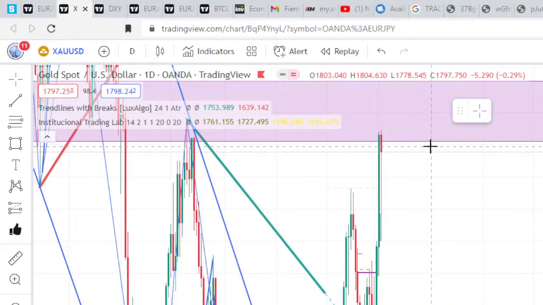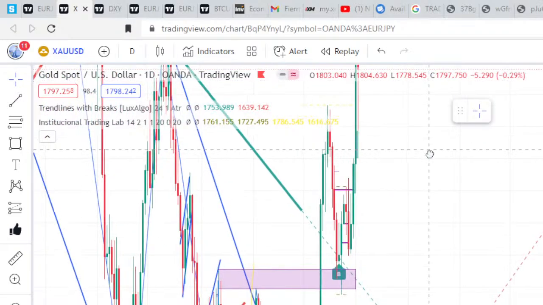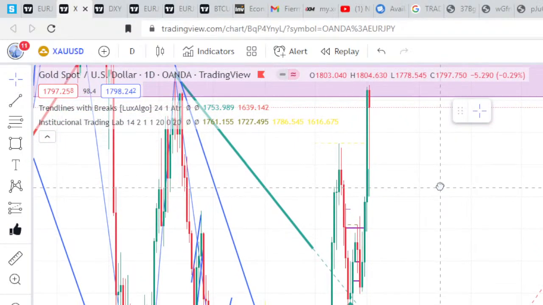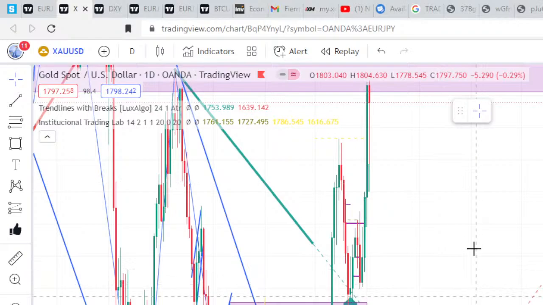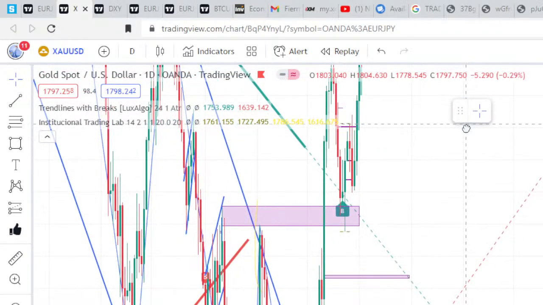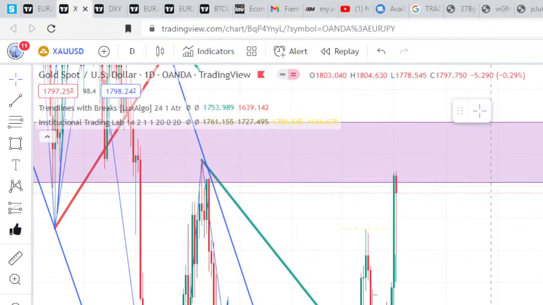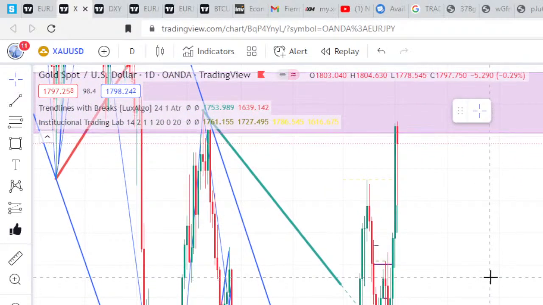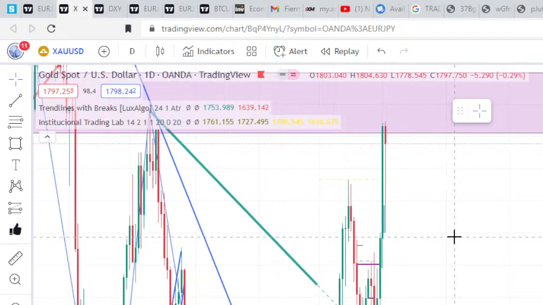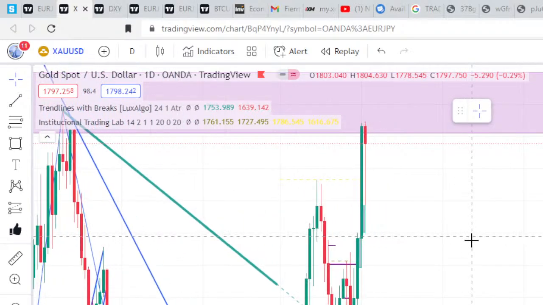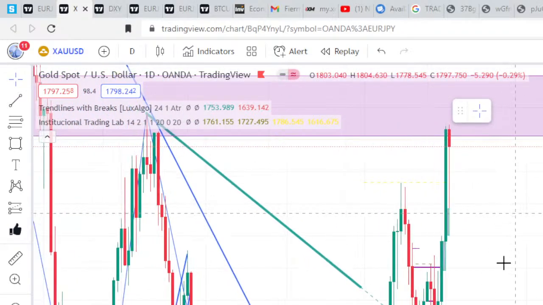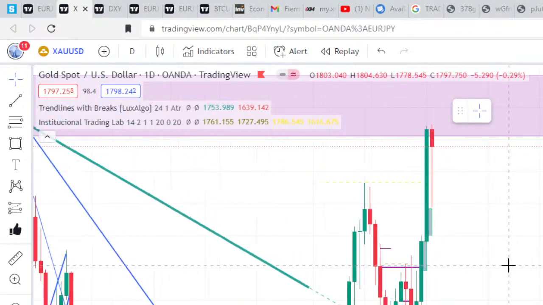This has been one of our supply zones, and we've had our demand zones on several stages so far. I don't want to make this video long because we have a meeting in 7 minutes. So right now we need to have our analysis of the day.